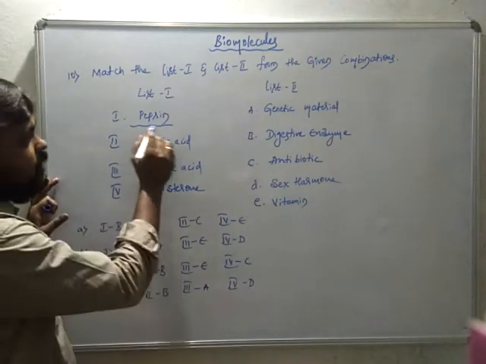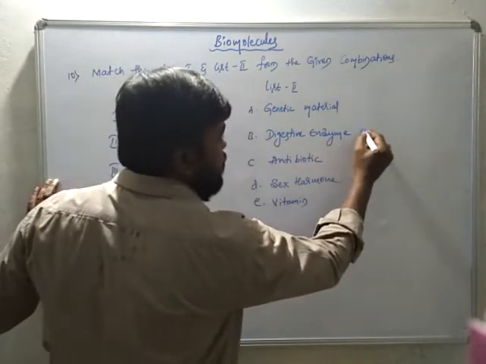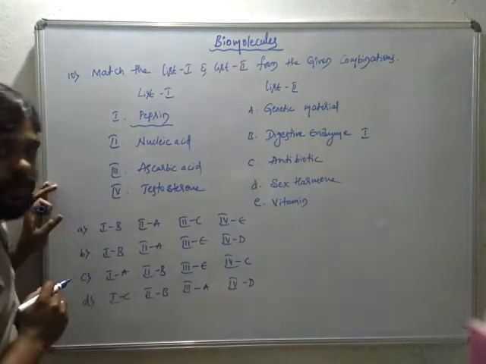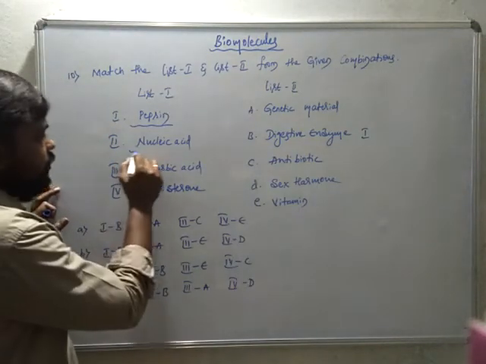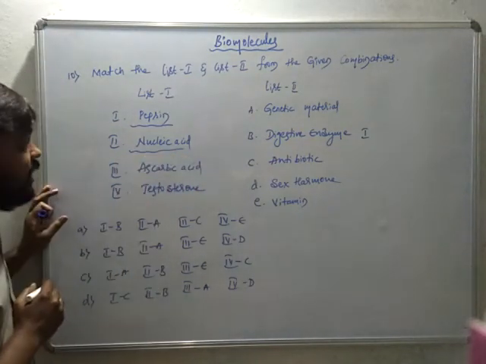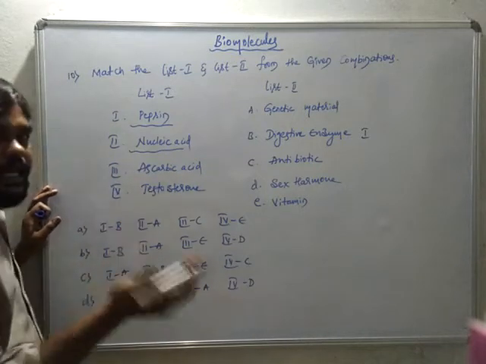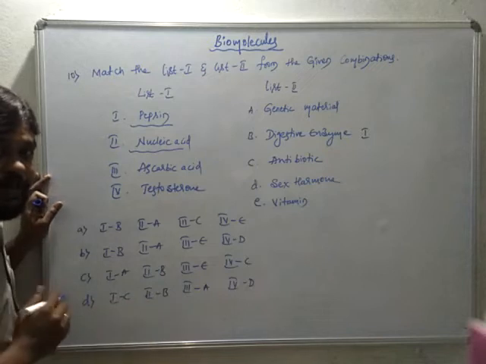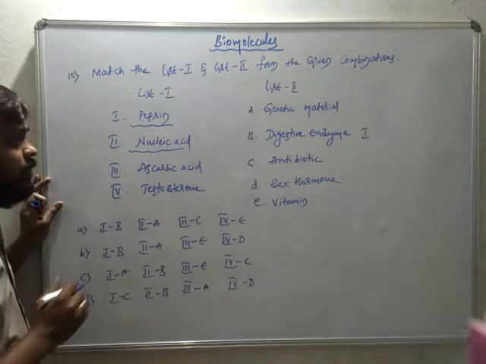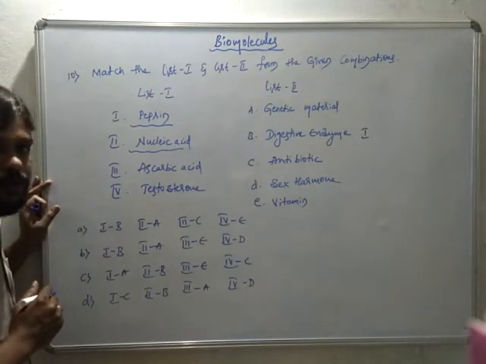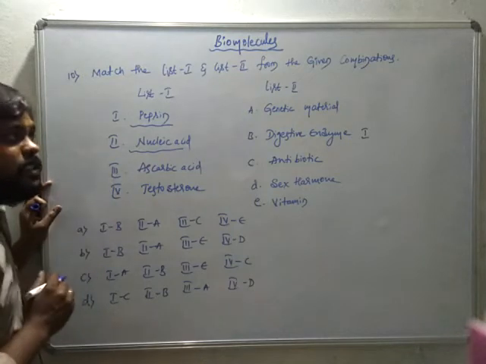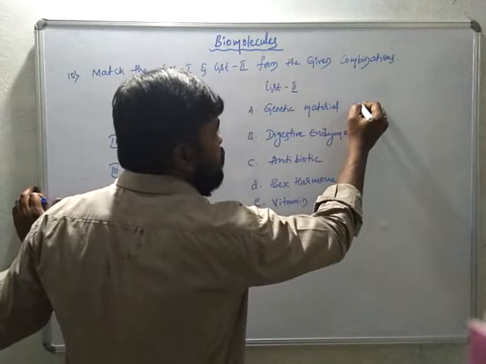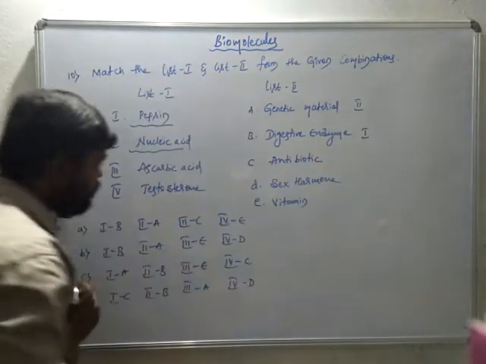Hence pepsin is a digestive enzyme, matching option B. The second one is nucleic acid, present in the chromosome. It is of two types, DNA and RNA, and its importance is that it is a genetic material. Hence it matches option A in list 2.